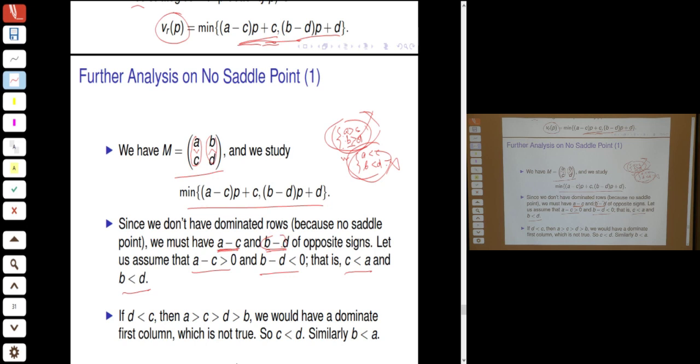Now, let us look at the relationship between C and D. If D was smaller than C, then remember we already have C smaller than A, and we already have D bigger than B from here, so you can append them.